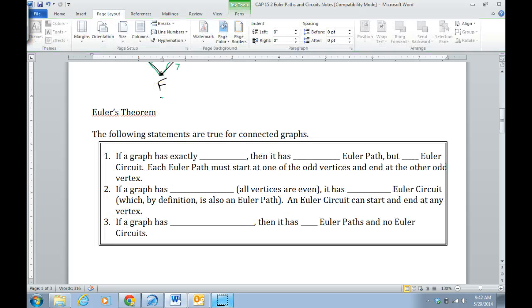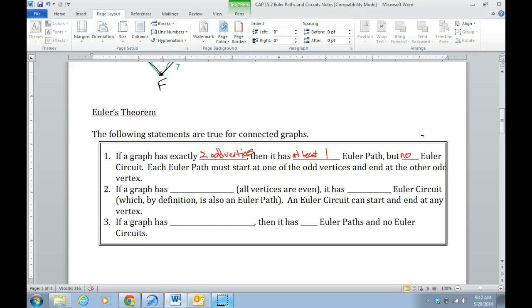Okay, let's talk a moment about Euler's theorem. The following statements are true for connected graphs. If a graph has exactly two odd vertices, then it has at least one Euler path, but no Euler circuit.